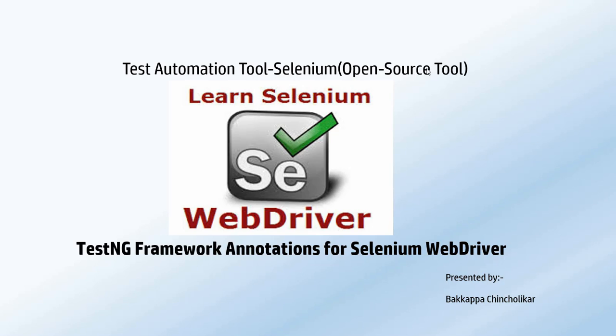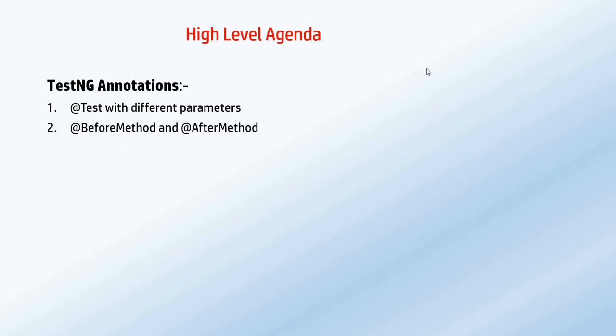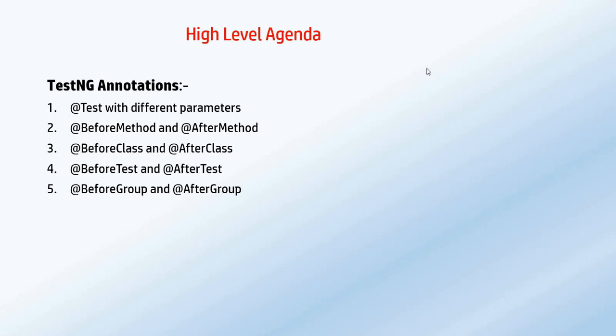In this video tutorial, we will discuss the different parameters you can pass to the annotation test, and we will discuss one more method called before method and the after method. Let us jump to the high level agenda for today's video tutorial. In this tutorial, we will be discussing all the different types of annotations in the TestNG framework.